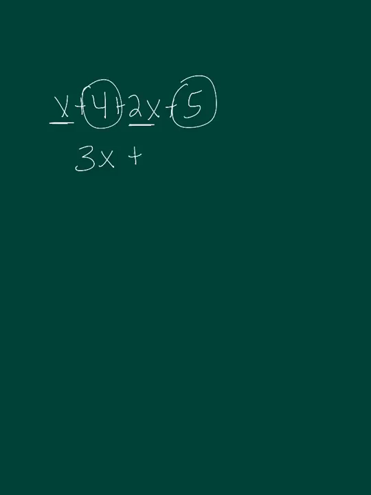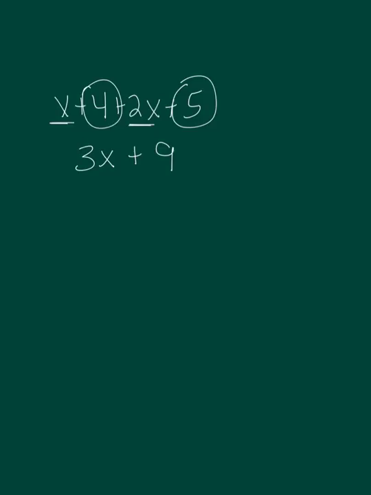Okay, so let's take a look at some other expressions. The first one we have is x plus 4 plus 2x plus 5. In order to simplify that, we need to find our like terms, and that is going to be the x and the 2x, and that added together is 3x, and then the 4 and the 5 added together is 9.